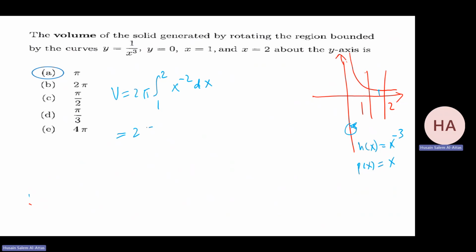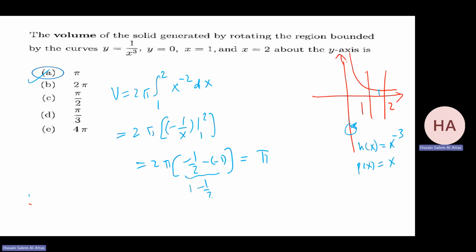That gives me 2 pi times x to the power minus 1 over minus 1, that is minus 1 over x, from 1 to 2. That gives me 2 pi times minus half minus minus 1. That will be half, half times 2 pi, that will be pi. This is 1 minus half. Very clear, 1 minus half.